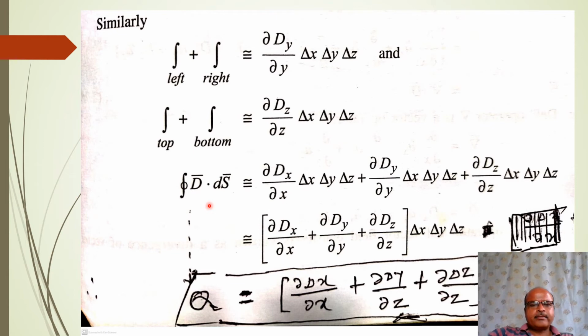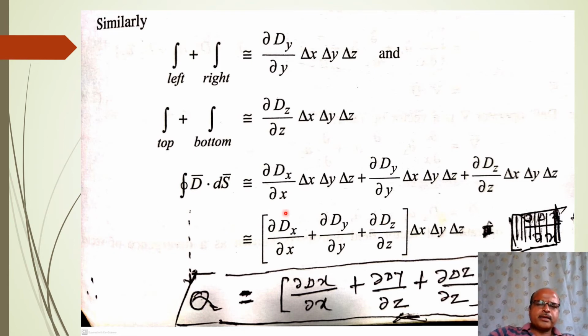So if we add all the integral values, that is integral front plus back plus integral left plus right plus integral top plus bottom, we will get such a type of equation: for integral front plus back we have ∂Dx/∂x ∂x ∂y ∂z, integral left plus right is ∂Dy/∂y ∂x ∂y ∂z, and integral top plus bottom is ∂Dz/∂z ∂x ∂y ∂z.